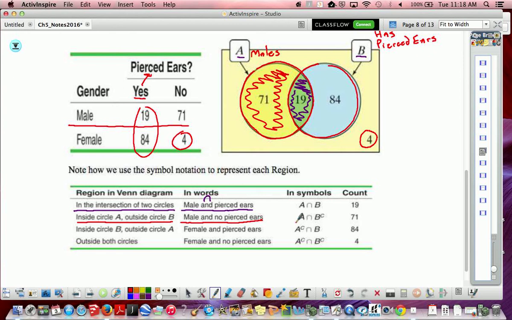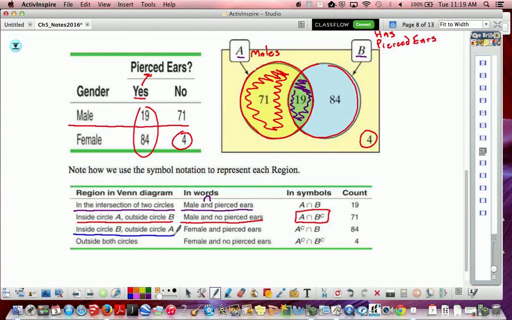Notice how I do the symbol notation. Okay? The word no or not is the complement. So I'm doing A intersect, not B. Is that making sense? This is usually the hardest part for students, is doing the symbol notation. Then I'll go through these pretty quickly.